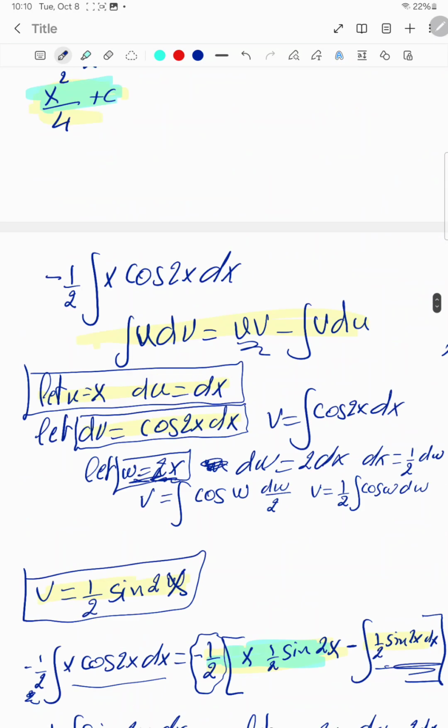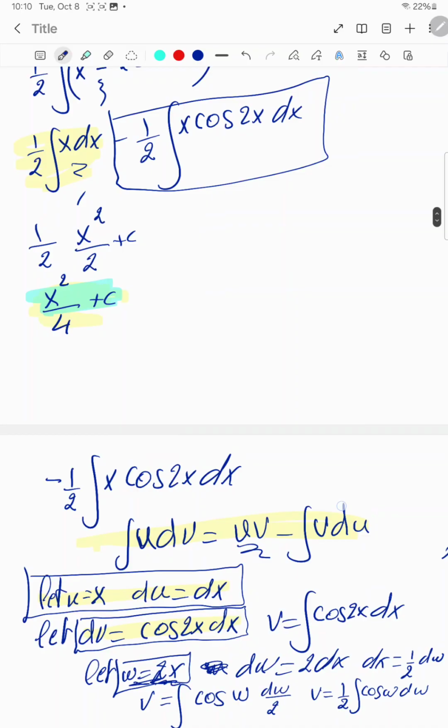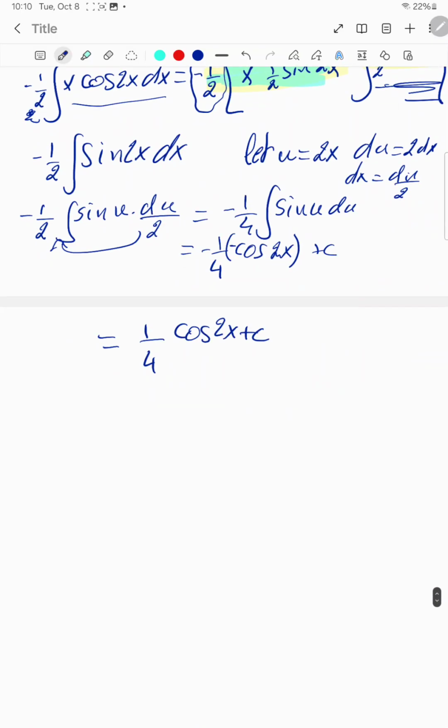So first, I have to write x squared divided by 4, which is 1/4 of x squared.